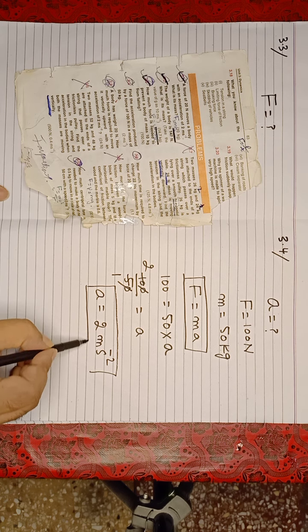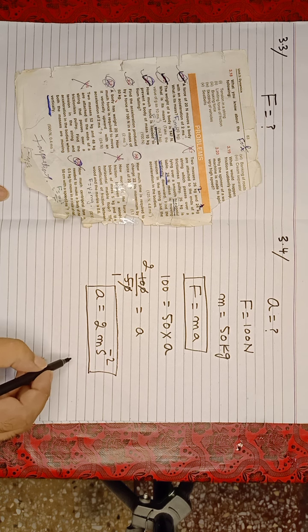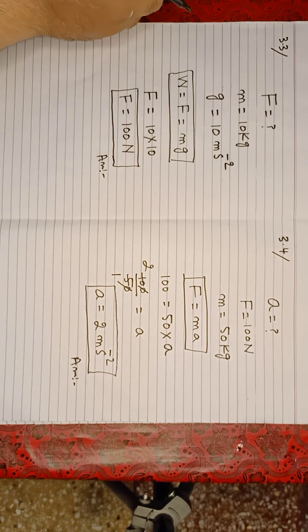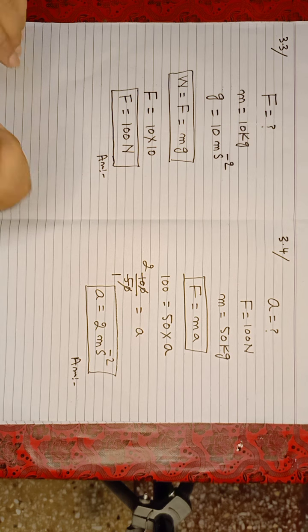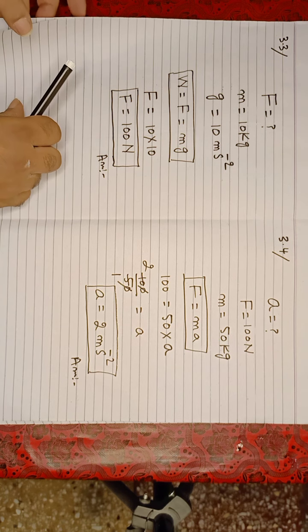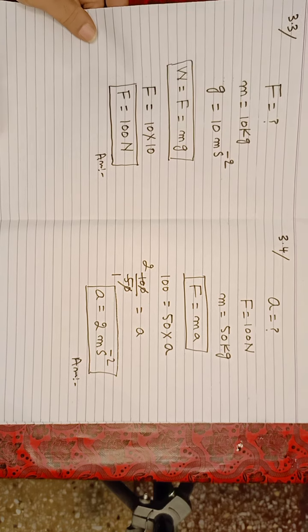Unit of acceleration is meter per second square. Answer. Now we have to solve numerical number 5 on separate sheet. Numerical number 5.